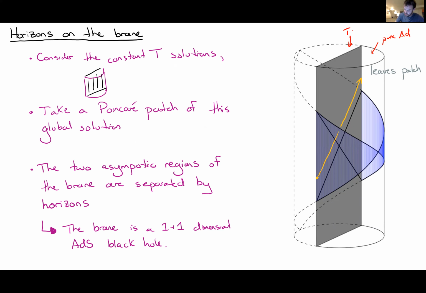This is some t equals constant slice. And I could write down that metric that I had before. And then what I claim is that, looked at in the right coordinates, the geometry of this brane is the geometry of a black hole. One way to see that is to take a Poincare patch.